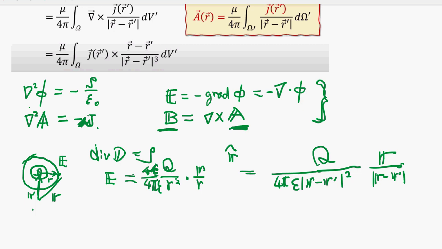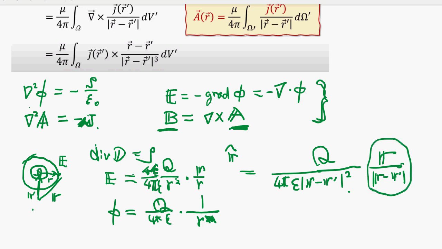So in order to give this equation, the potential has to be Q over 4 pi R square. No, this is not actually, this is just a unit vector. So it's going to be like this because it's a negative gradient.